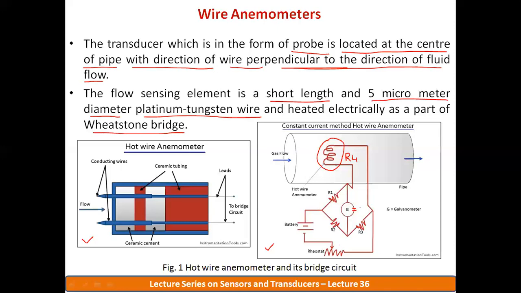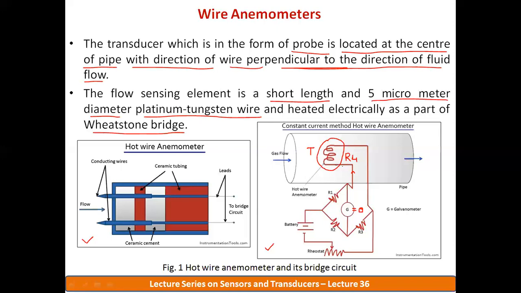Until the reading in the galvanometer becomes zero, the rheostat is varied and the current is increased. When we increase the current in the Wheatstone bridge circuit, the current flowing to the sensing element keeps increasing, and the sensing element is getting heated up.